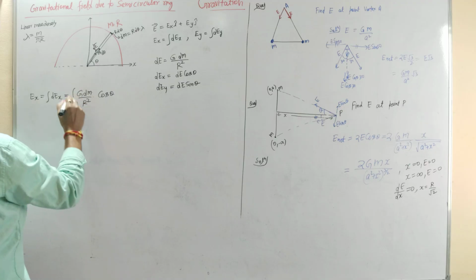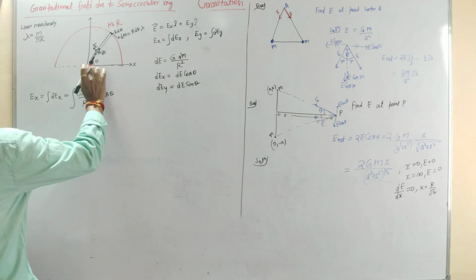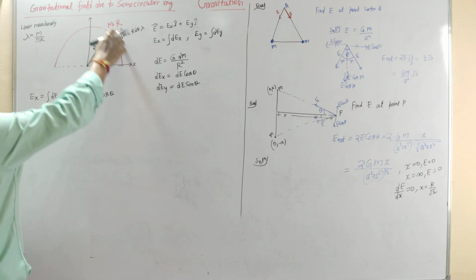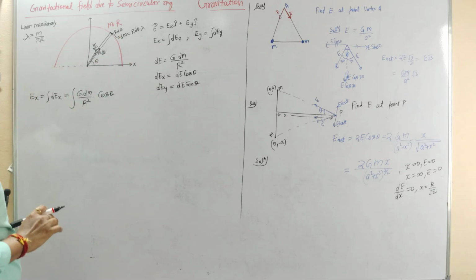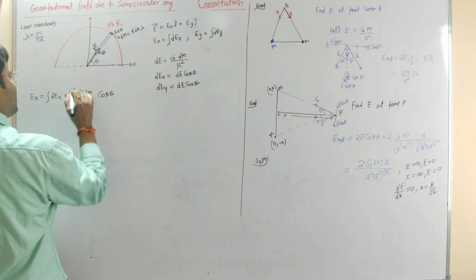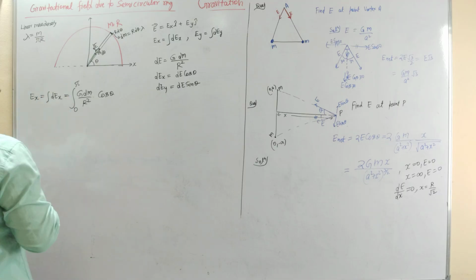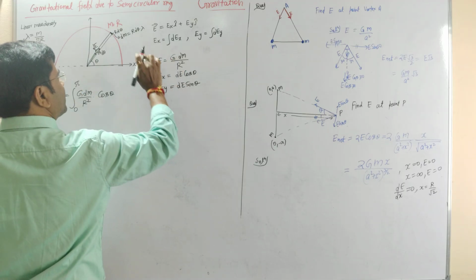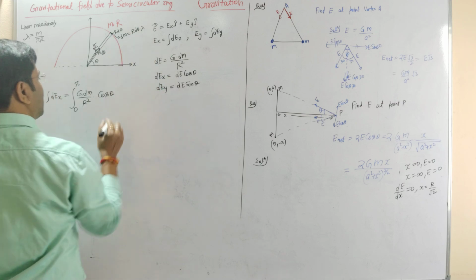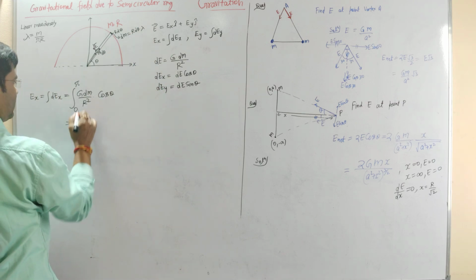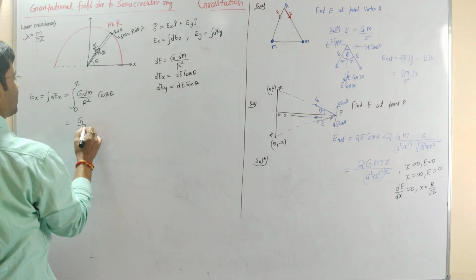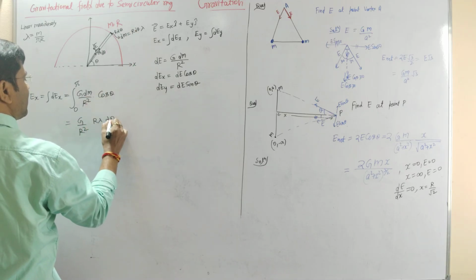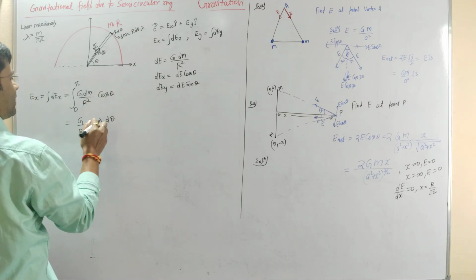Now I have to integrate it. From where to where? If I increase theta from 0 to 180, I will cover this whole ring. It is a semicircular ring, that's why I put the limits 0 to pi. Now put the value of dm: G upon r square is constant, take it outside. I put dm as r lambda d theta, and r lambda is again constant, so take it outside.